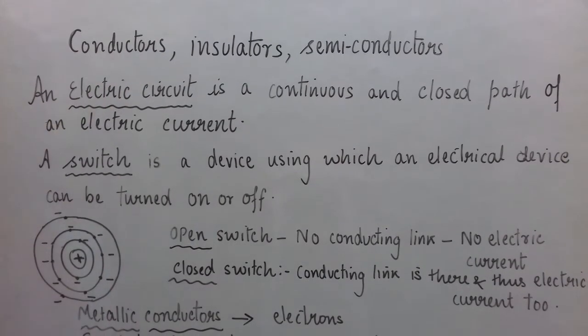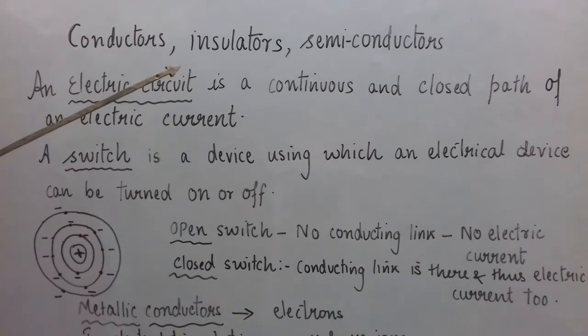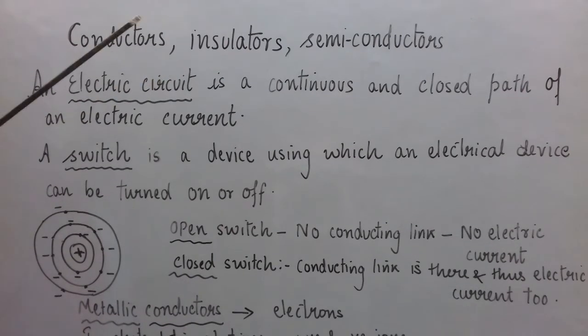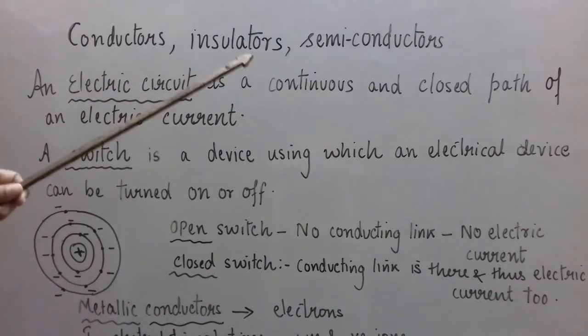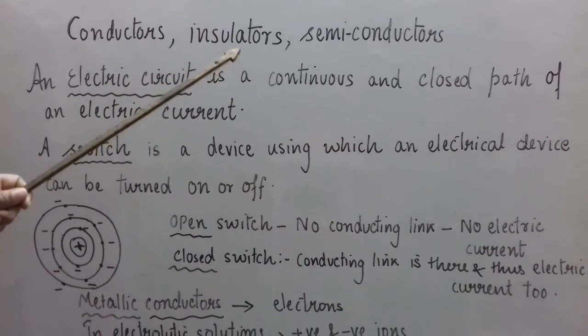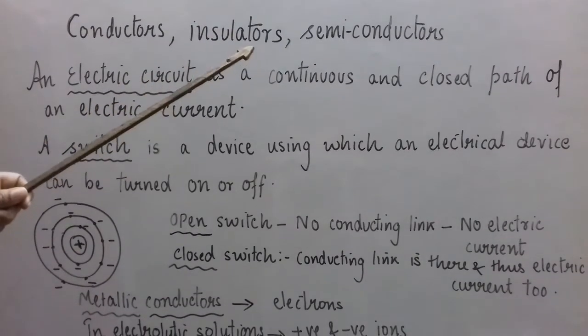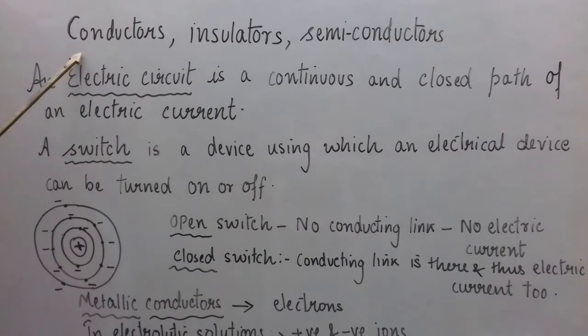Remember students, there is no body which is perfect conductor. There is no body which is perfect insulator. So we have good conductors, bad conductors, good insulators, bad insulators. Okay. Now what is semiconductor? As the name suggests, semiconductors allow the electric current to flow through them because they are conductors, but not as good as the conductors allow.